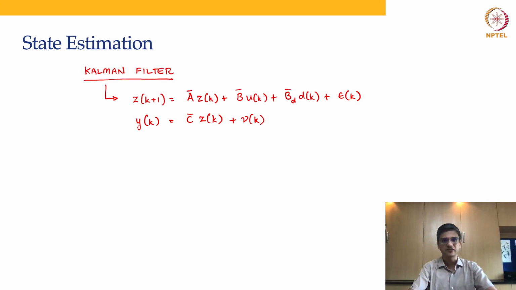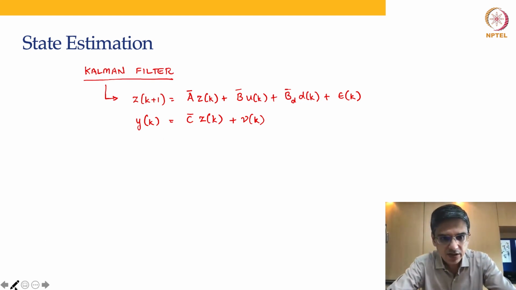This is something that you have done a couple of weeks back. Okay, the moral of that story is that we need to ensure that we know structurally what the actual system represents, and convert the model of that system into a form that has additive Gaussian white noise sequences epsilon and nu, where A bar, B bar, B_d bar and C bar are augmented matrices, which we have covered multiple times.